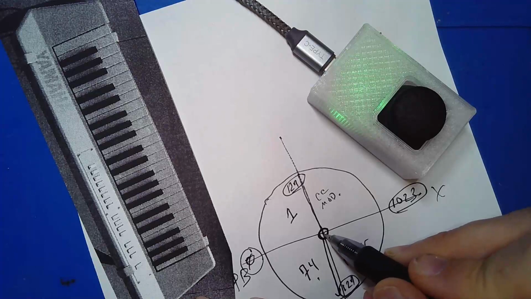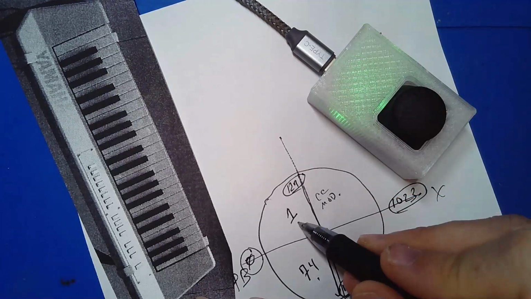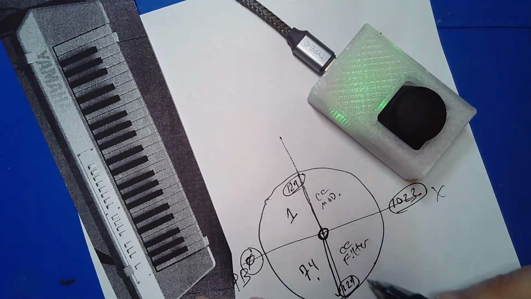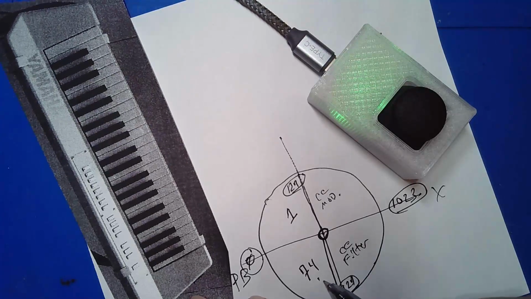So going this way, 0 to 127, the limit, and it will send that value on control change 1. When you're going south, it'll go 0 to 127, sending it over 74.